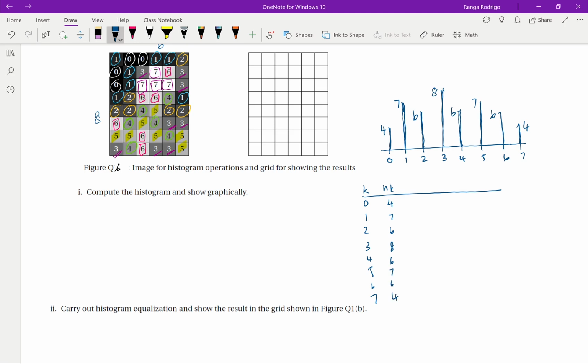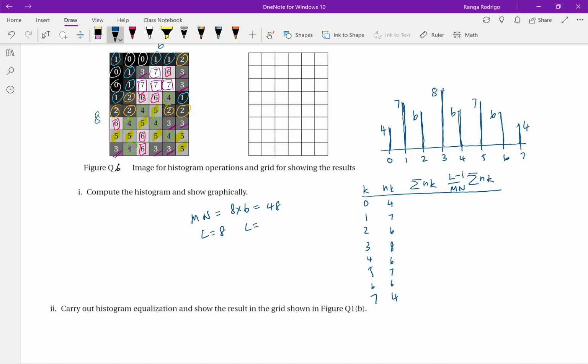Then we have to get the cumulative sum of nk, and then we have to do L minus 1 times 1 over MN summation nk. The MN is 48, size of the image, L is actually 8.